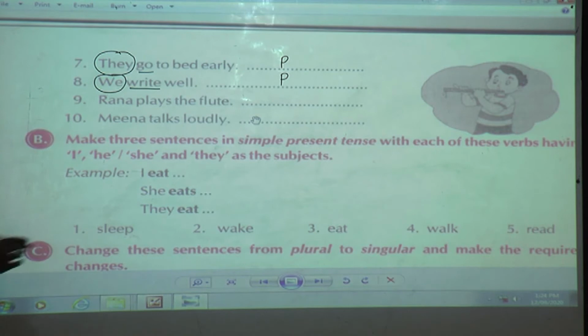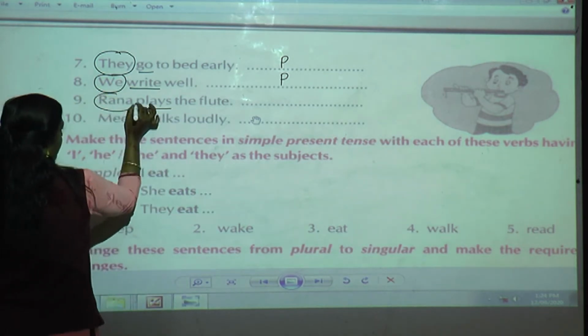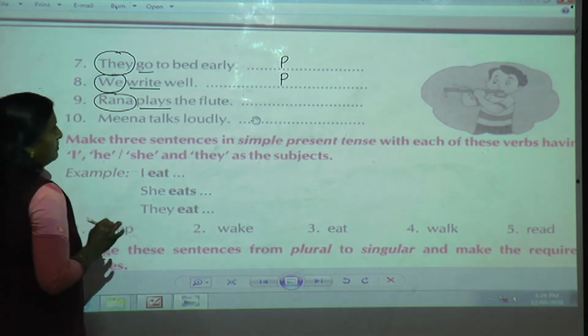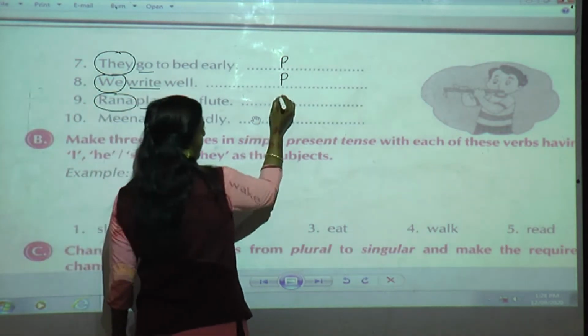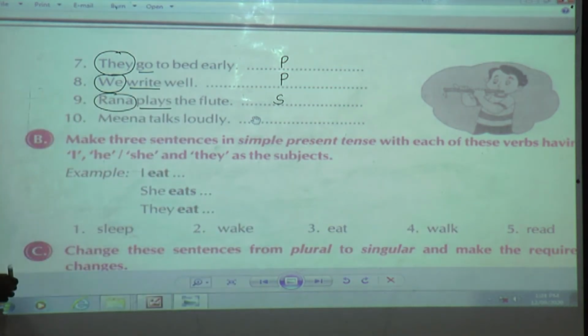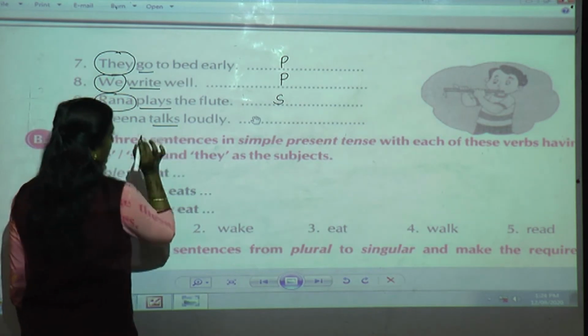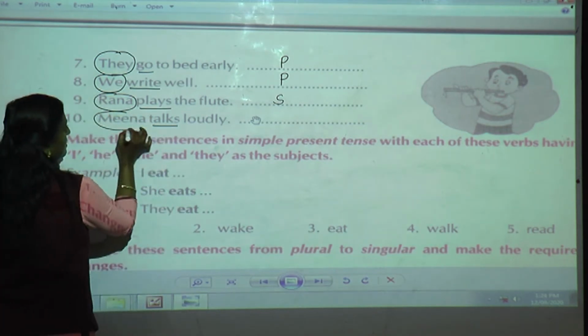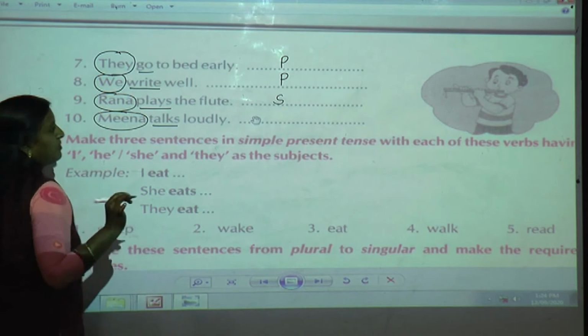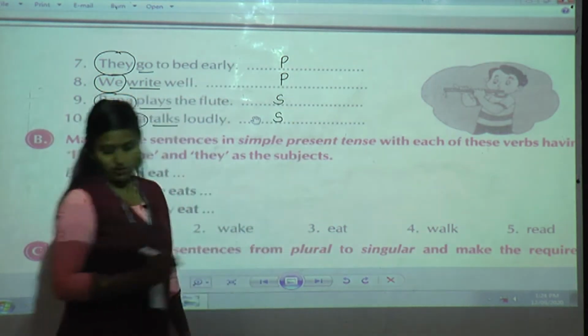What is the verb? Plays. What is the subject? Rana. Rana is the name of a person, so Rana is one, singular. Meena talks loudly. What is the verb? Exactly, talks. Meena is the subject. Name of a girl, one girl is there, so again it is singular.